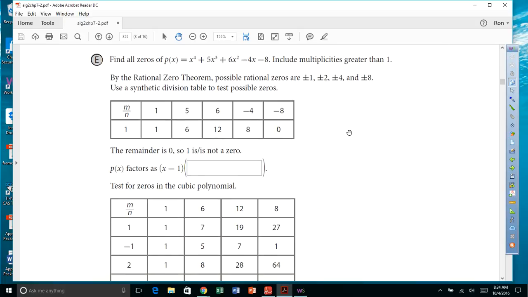E, find all zeros of p of x equals x to the fourth plus 5x cubed plus 6x squared minus 4x minus 8. Include multiplicities greater than 1.